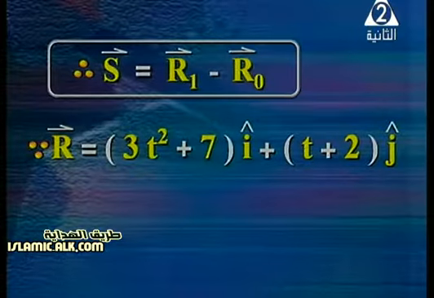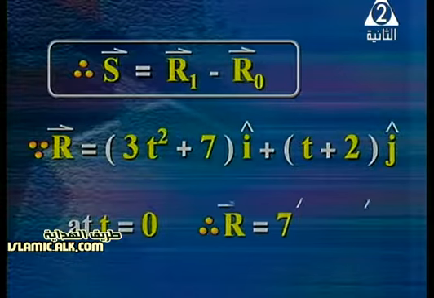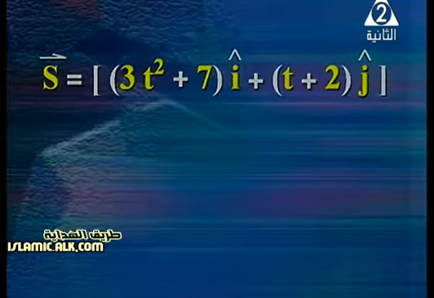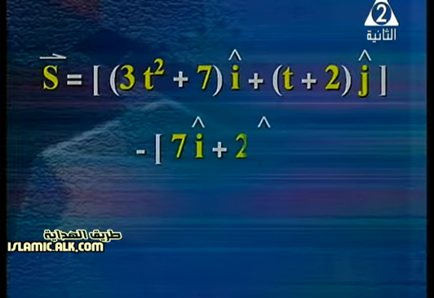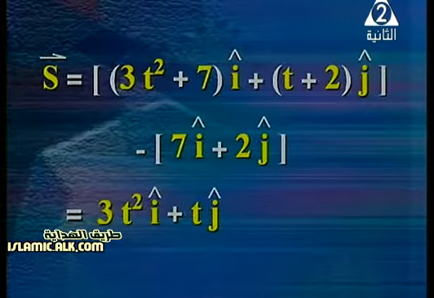For r0, by putting t equals 0, r equals 7i plus 2j. Then the displacement becomes (3t squared plus 7)i plus (t plus 2)j minus 7i minus 2j. By combining like terms, we get 3t squared in i plus t in the j vector.